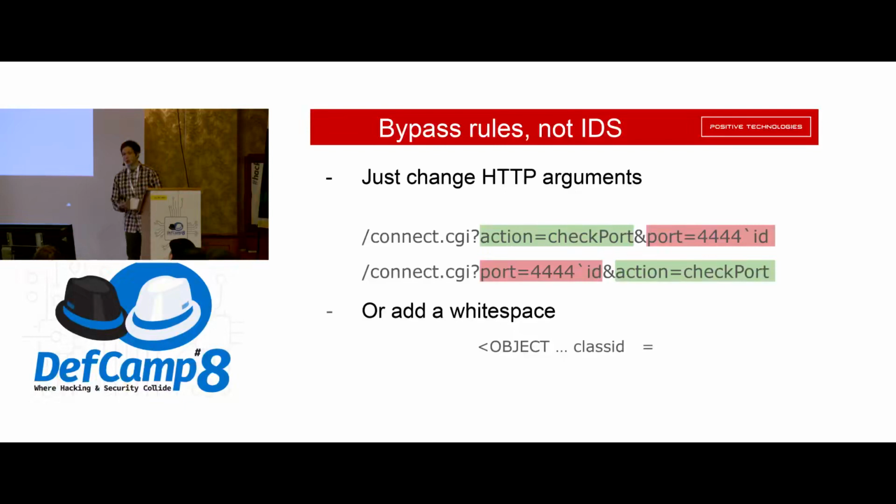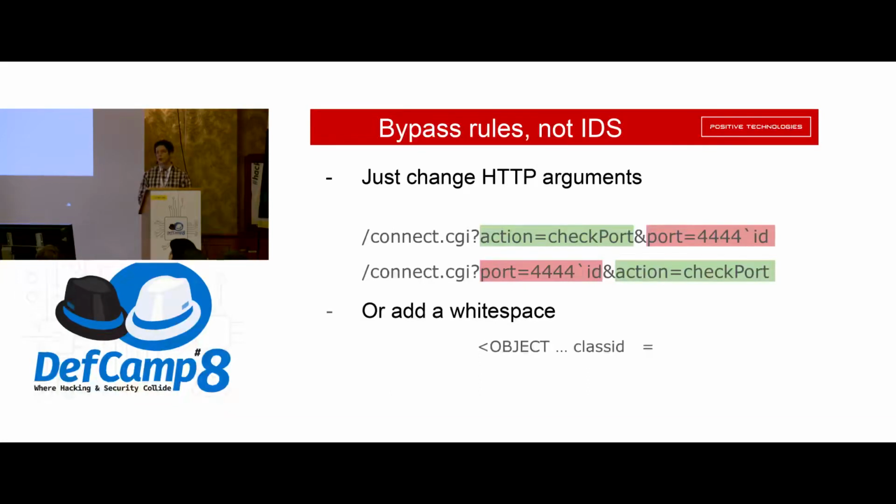You are right if you suppose that some signatures do rely on HTTP argument order. Some others may rely on other HTTP fields, headers. Then sometimes you can just add a white space or any other character in a place where it is not supposed to be, in an HTML tag, for example.